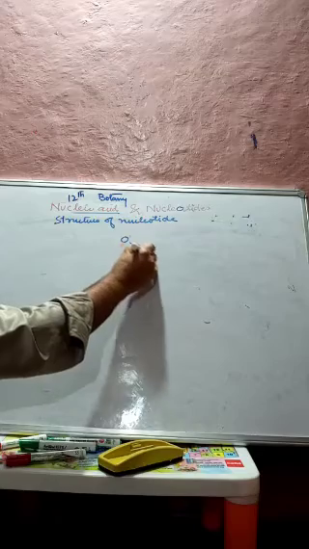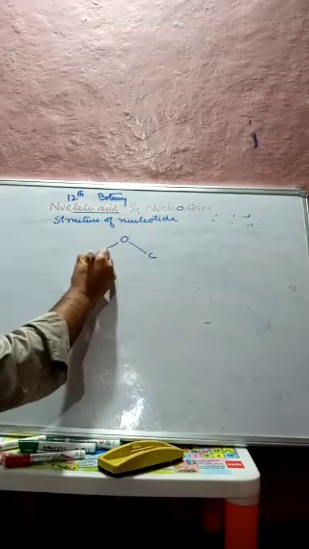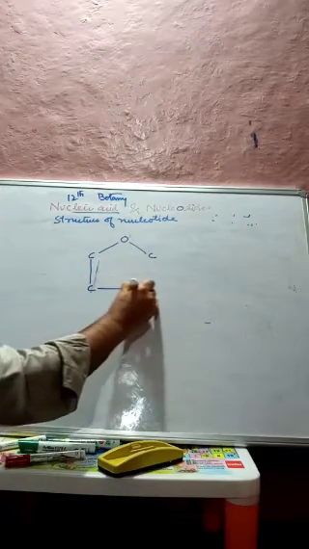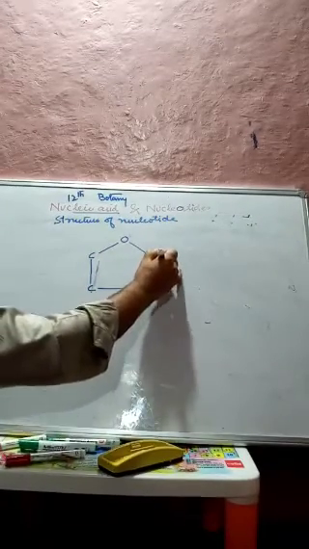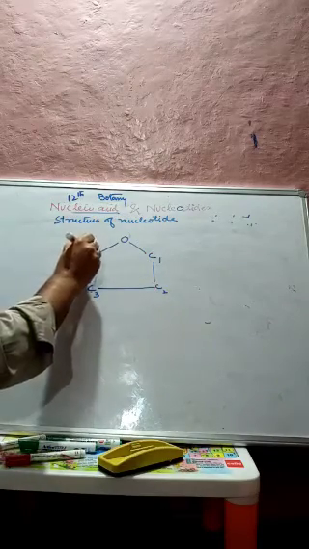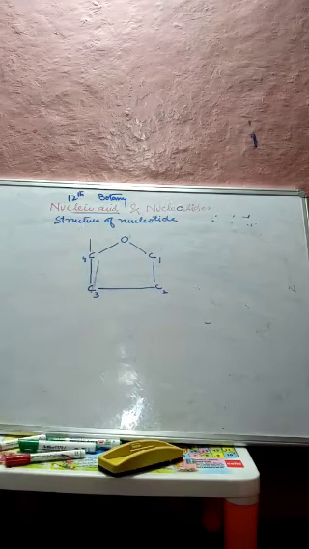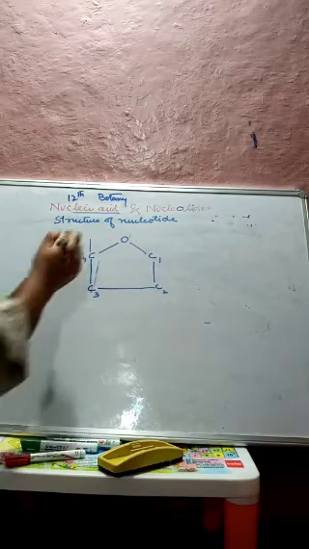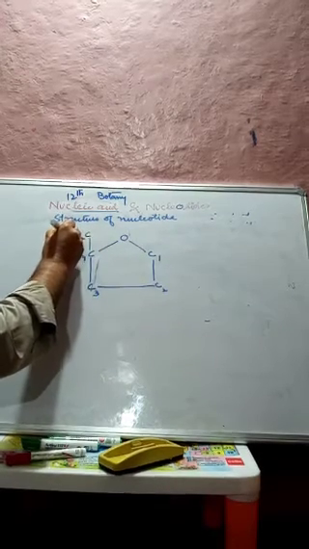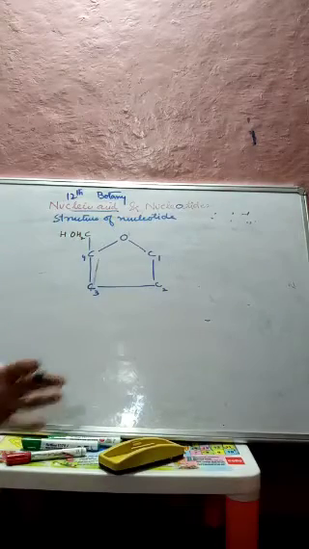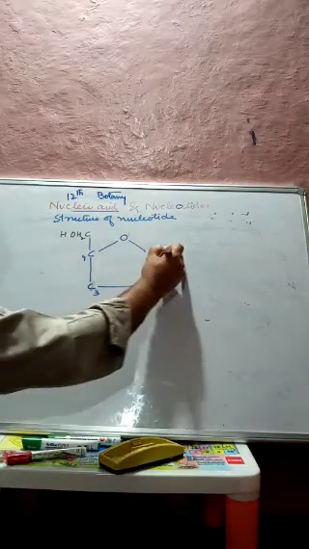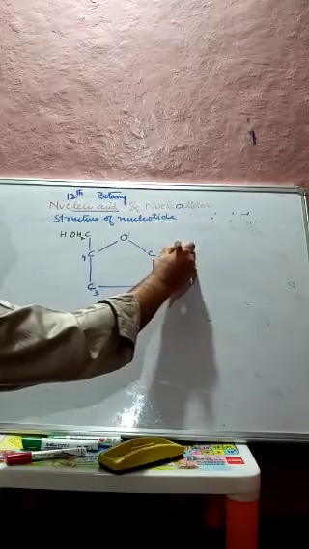Pentose sugar, numbering 1, 2, 3, 4. This is actually CH2OH. Now, what we will see is that this nitrogen base is attached with this first carbon. This is the nitrogen base.